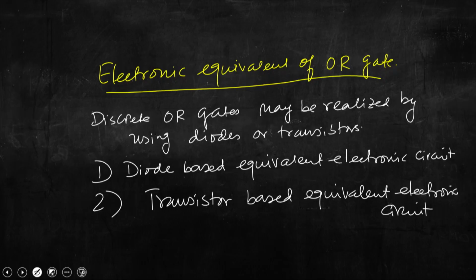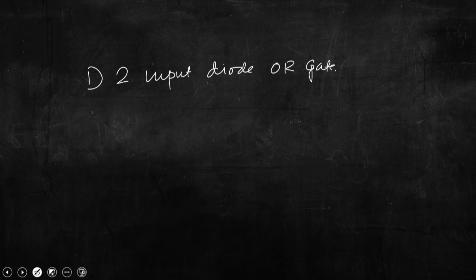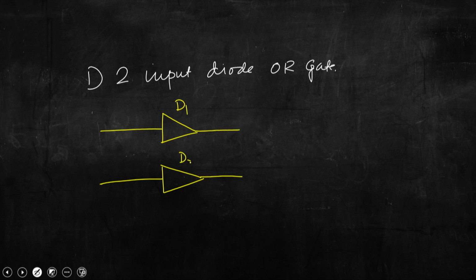Okay. So, if we write the diode based 2 input diode gate, the first is the 2 input diode OR gate. Let me draw the circuit, 2 diodes. So, this is D1 and we have another diode D2.